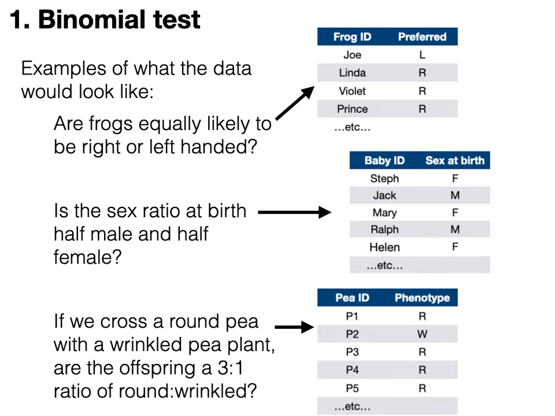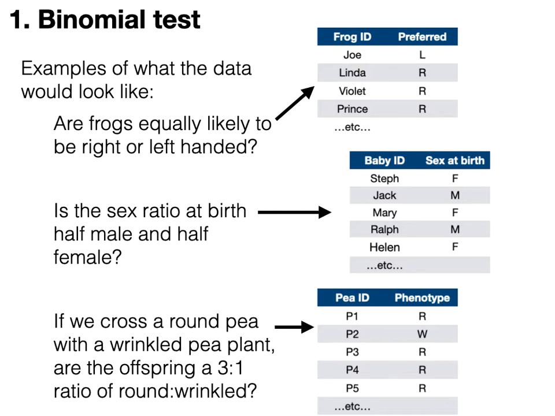Okay, so I want to show you what the data would look like, because I think that really helps make sense of what we're doing here. So for each of these three hypothetical examples, I've made a little snippet of a spreadsheet here showing you hypothetical data, right? So for the frog question, for each of our frogs in our study, we've measured their handedness somehow. And then for the sex ratio question, we've measured the sex at birth for a bunch of people.